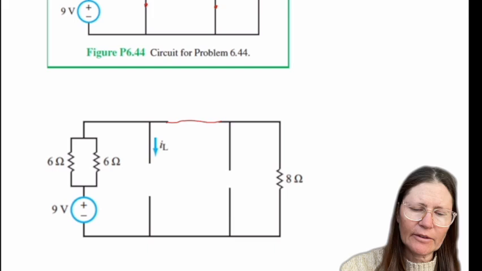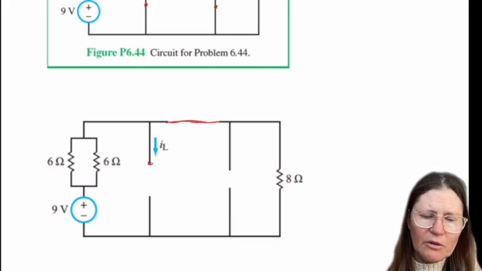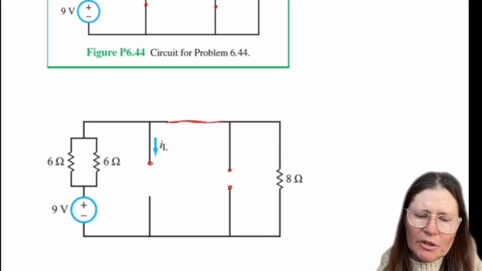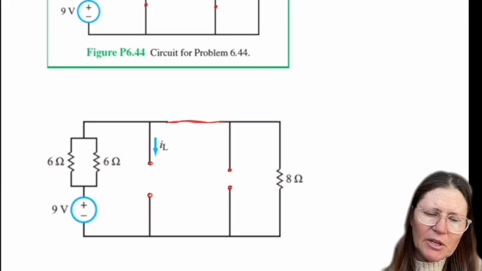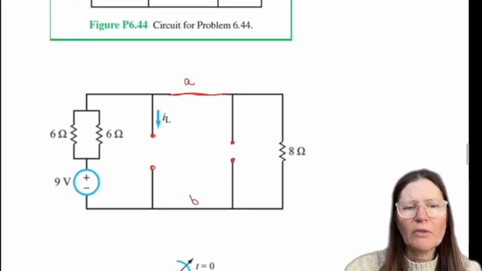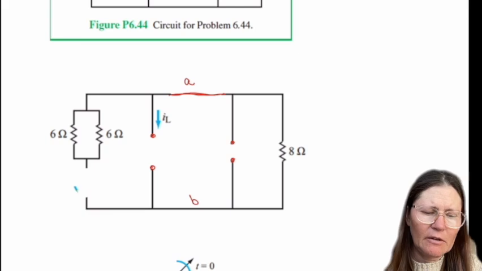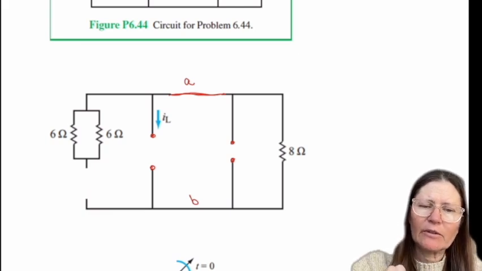So in this case, it's going to be the switch is closed. We're going to put our A and B, this side A and this side B. And then we remove the sources for a resistance equivalence.